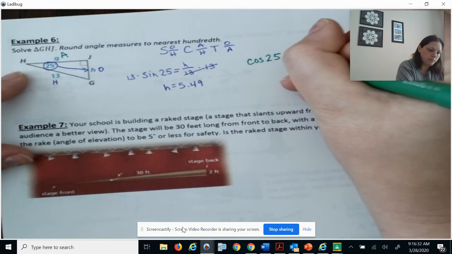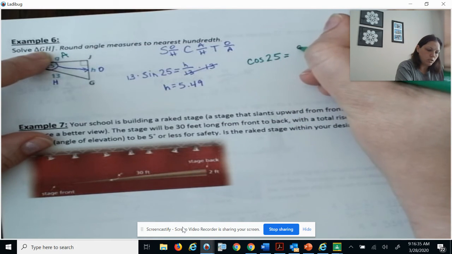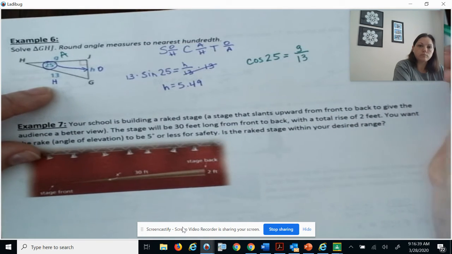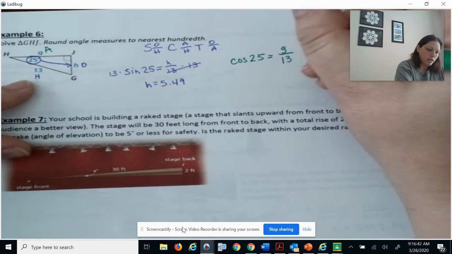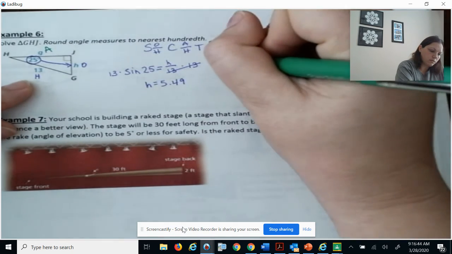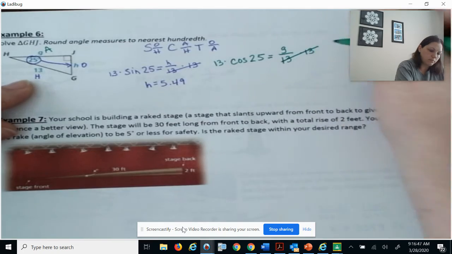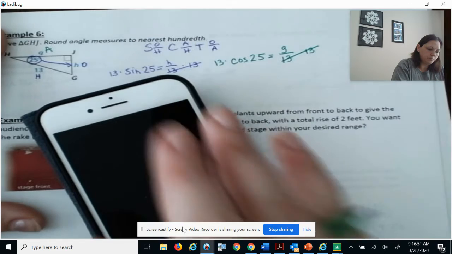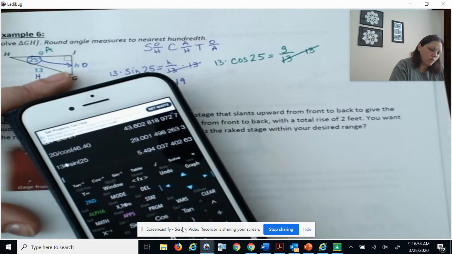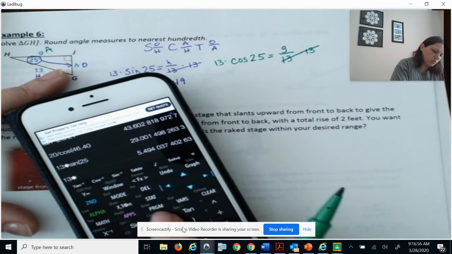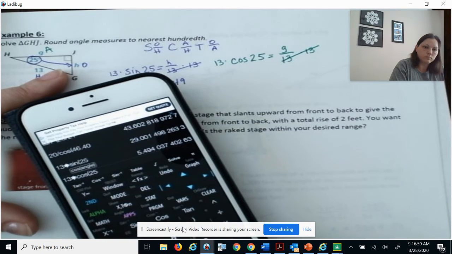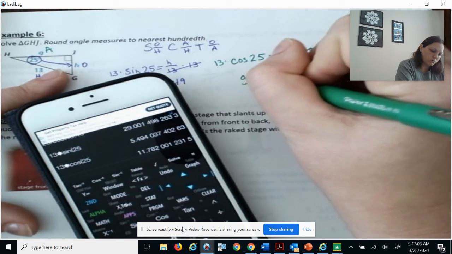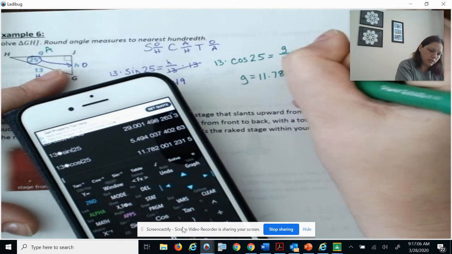Angle was 25, adjacent was G, and my hypotenuse was 13. Then I solve by multiplying 13 on both sides. G is by itself now, so I can multiply in my calculator. I get G equals 11.78.